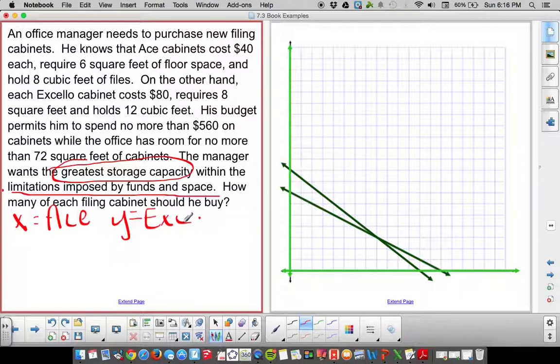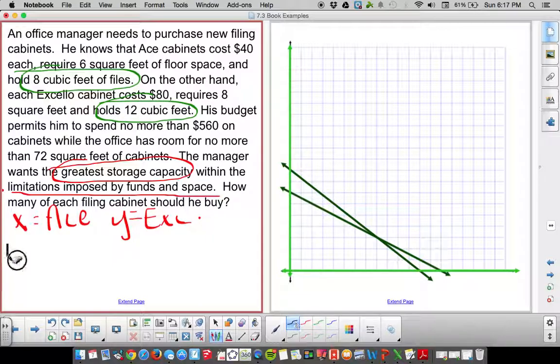So now we need to figure out our maximization problem, or our objective equation. We want the greatest storage capacity. So what information in the problem tells us about the storage capacity? Well, the storage capacity is the cubic feet. So we see here our Ace filing cabinets hold 8 cubic feet. Our Excello hold 12 cubic feet.